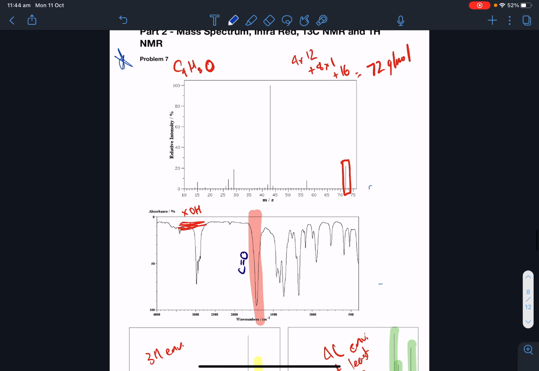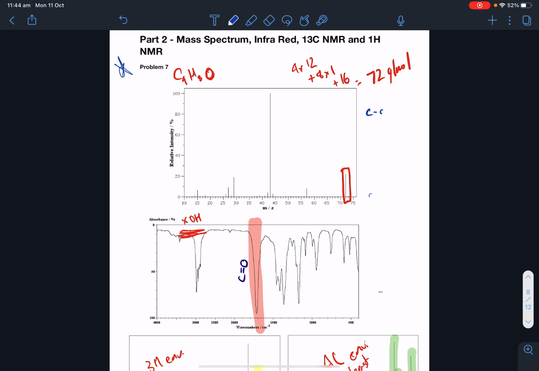All right, should we draw out our possible structures? 3, 4. Okay, we could have that one. 1, 2, 3, 4. We could have this one. All right, let's shorten it. Okay, shorten it to 3, and you'll have to put a methyl branch on that middle one, and you can't because it's got 4 bonds already.